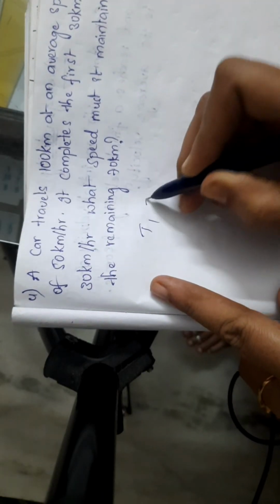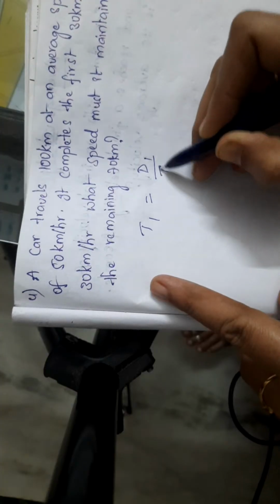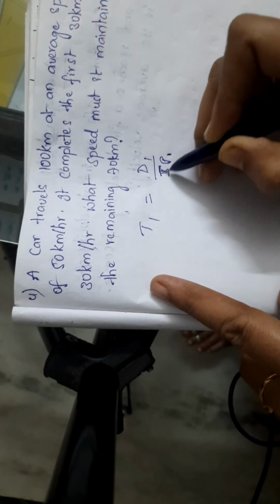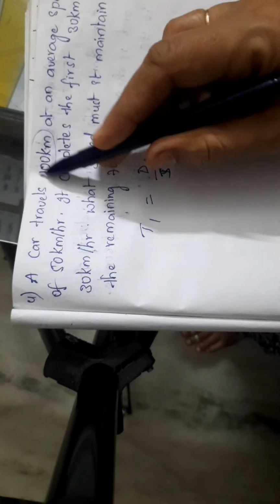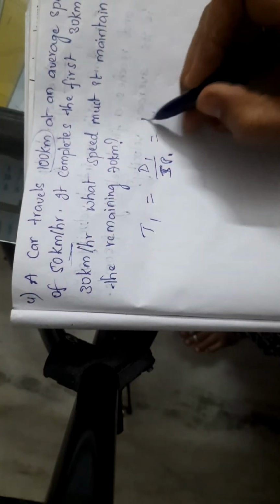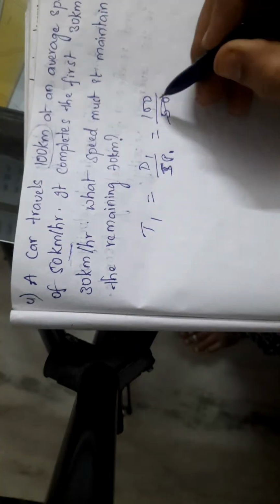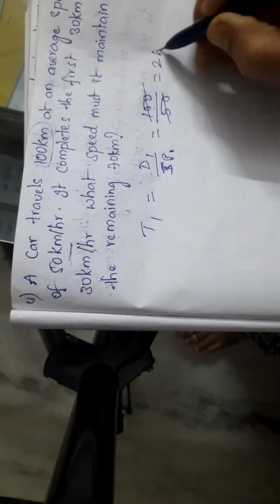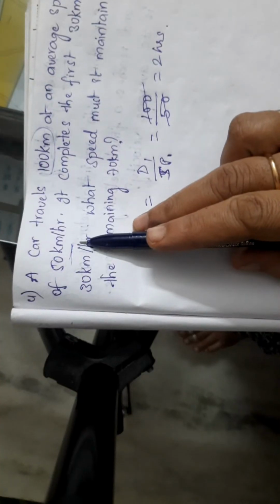So here T1 is distance upon speed 1. Here distance is 100 kilometer. It travels with the speed of 50 kilometer per hour. So 100 we are going to divide by 50. So time is 2 hours. For the journey it took 2 hours.